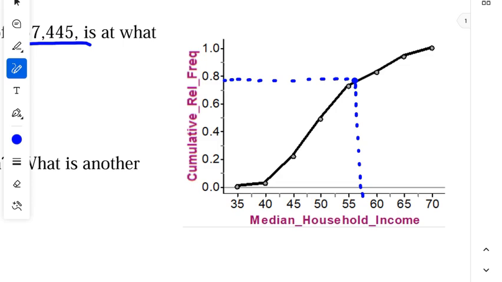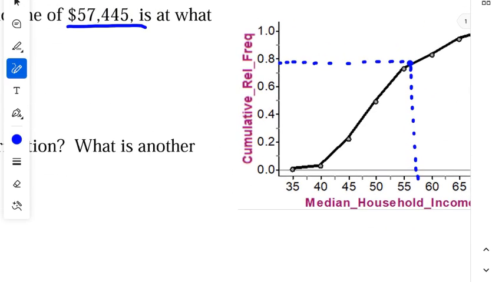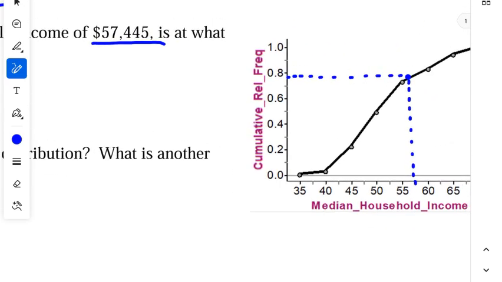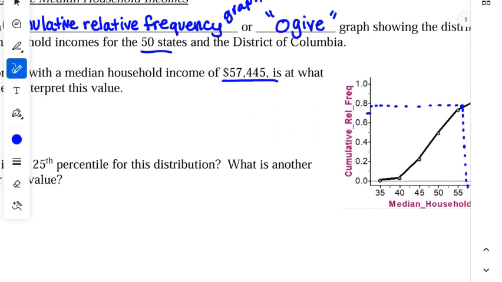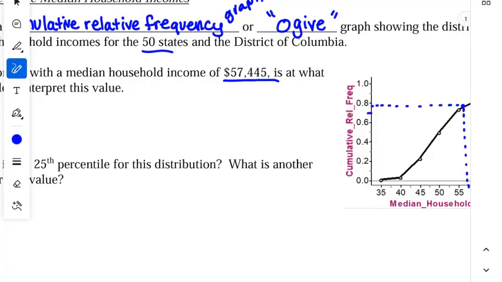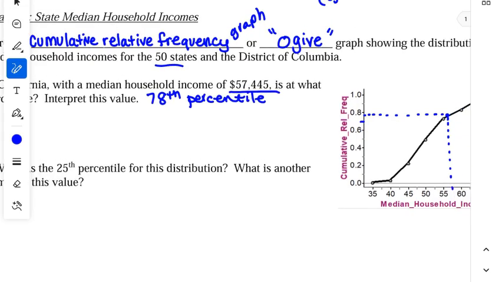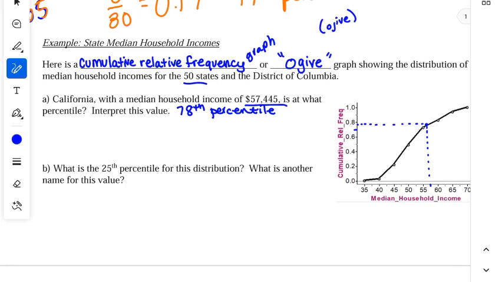But I'm not sure if my line went above or below. It's hard to tell on the iPad. Looks like, okay, it's about right. So we'll say that this would be 70, that would be 75, so a little bit above, maybe 78. So it is the 78th percentile.